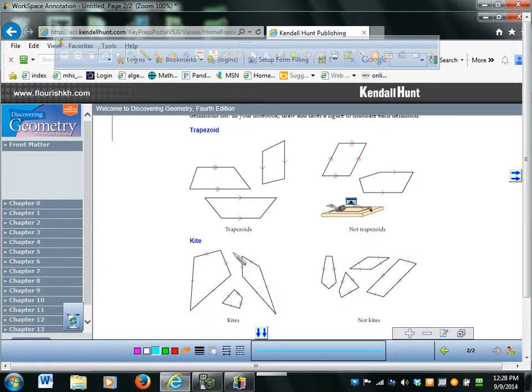Okay, a kite is a quadrilateral with two different parallel sides. I'm going to give John a chance. It's a quadrilateral with two pairs of congruent sides.